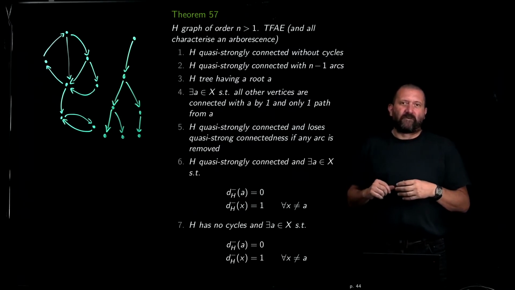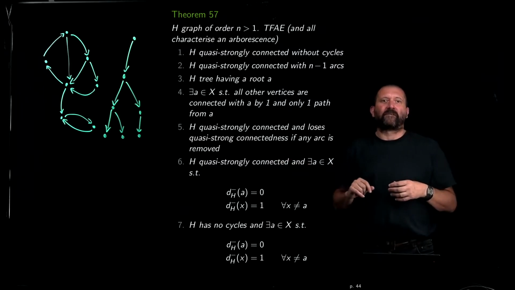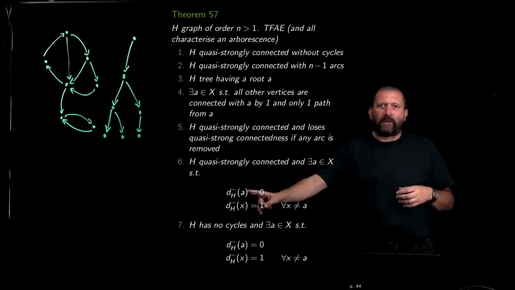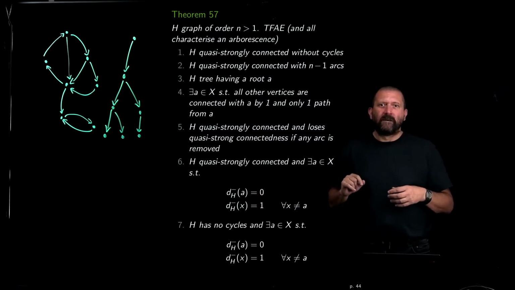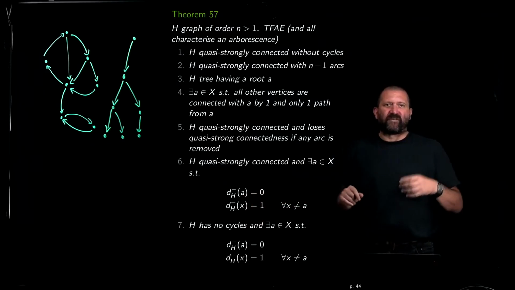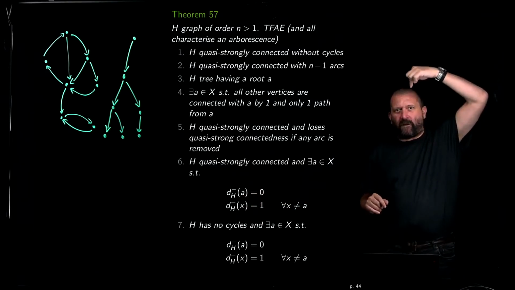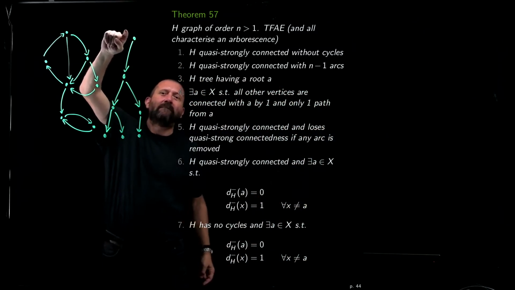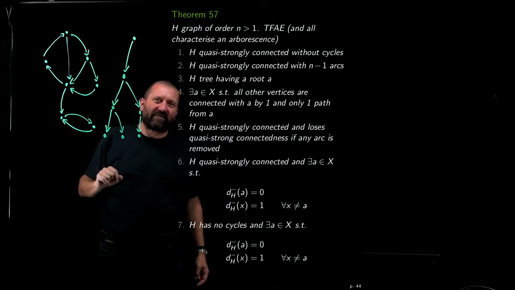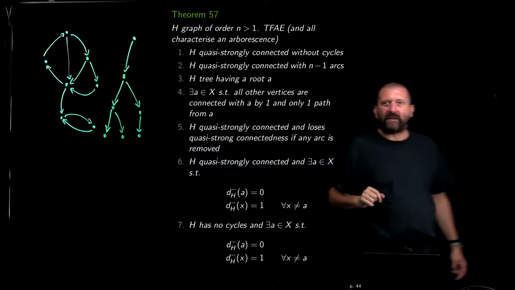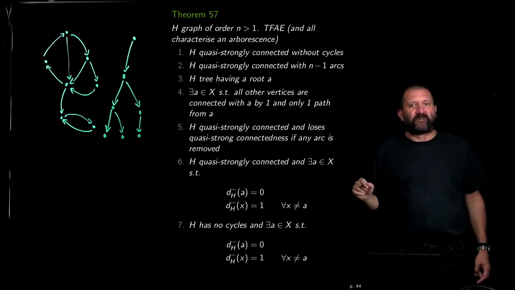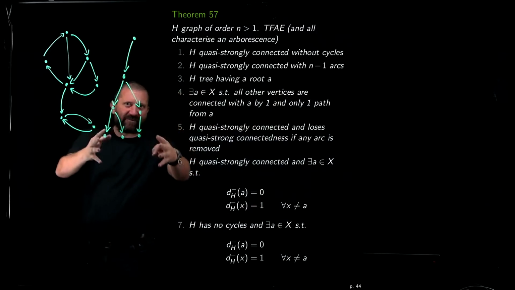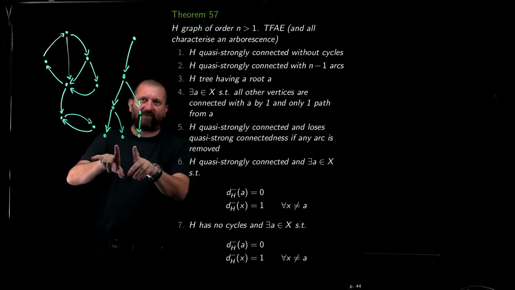Another equivalence is that H is quasi-strongly connected and there is a vertex A that has in-degree 0, so the number of arcs incident in to that vertex, and all the other vertices have in-degree 1. So you can see how this is happening. This is exactly what we are observing here.